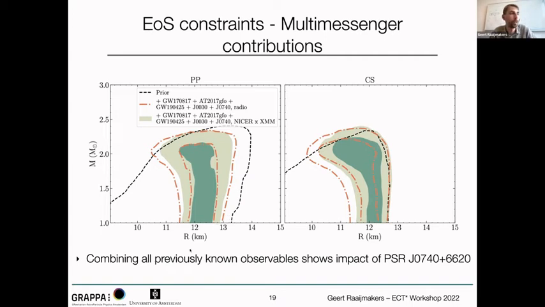And you see that you improve a little bit on your constraints, but actually the radius constraint from NICER didn't add too much to your posterior distribution. What you can also see is that for the speed of sound model, we're really pushing towards the edge of the prior. So this really high mass neutron star is pushing us against the limits of this model.